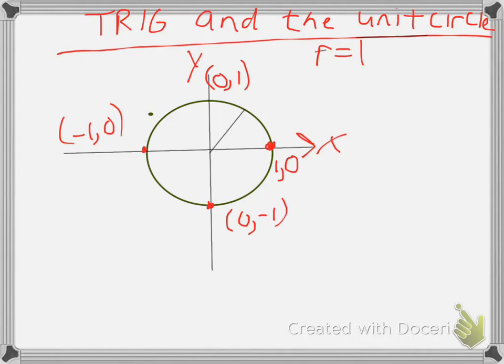Alright, so these are all going to come in handy in a minute, and so let's just start by counting some of the key spots. Remember, we're mainly going to be dealing with radians, but we can talk about degrees as well.